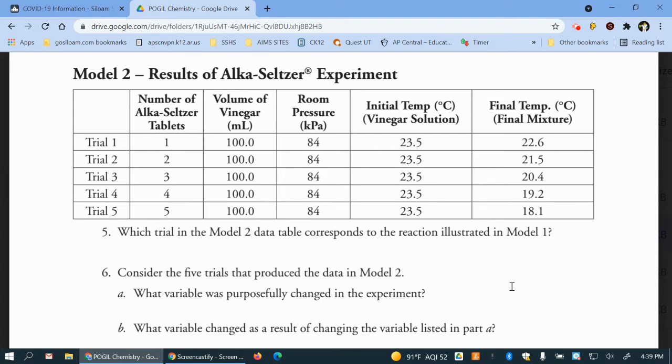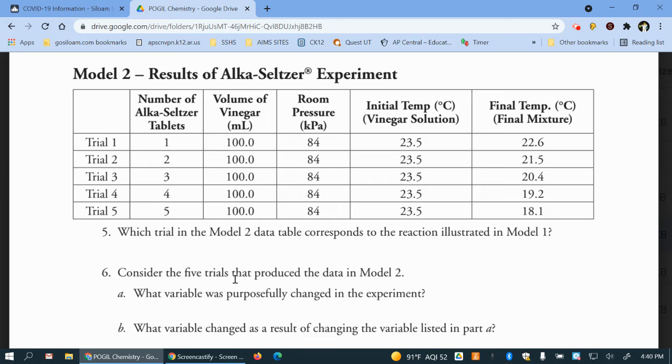Consider the 5 trials that produce the data in Model 2. What variable was purposefully changed in the experiment? And what variable changed as a result of the changing variable listed in Part A? Answer the question. Good.